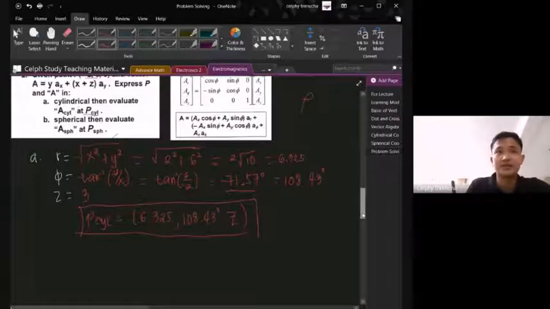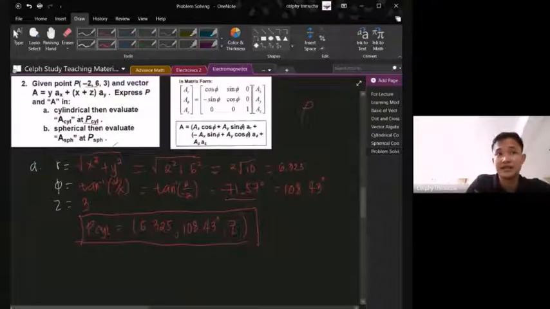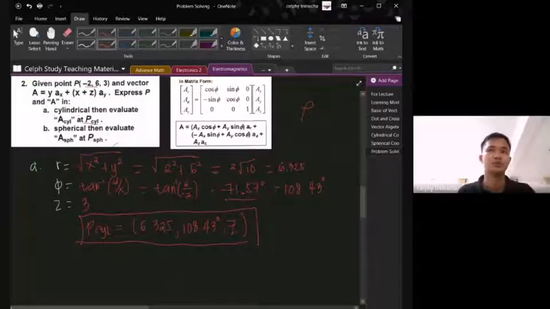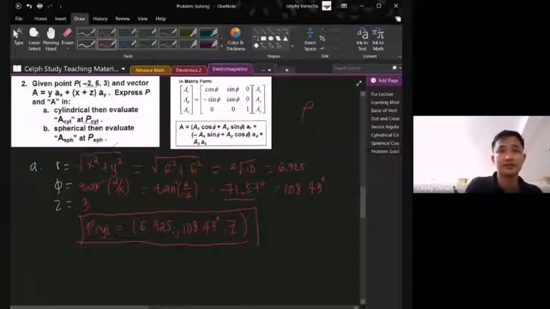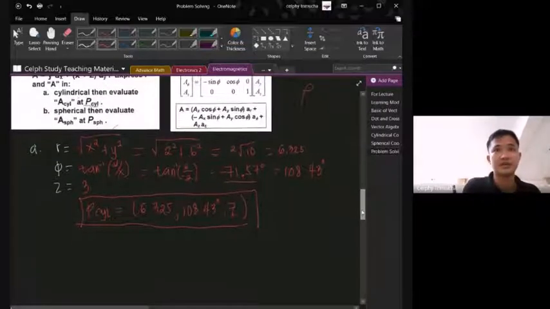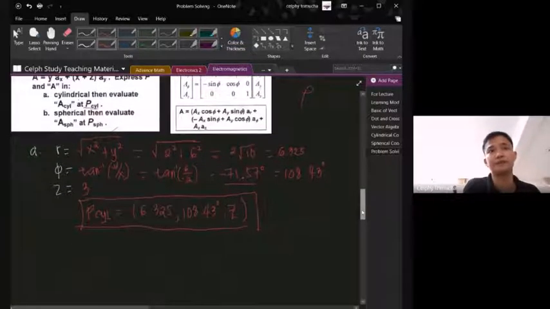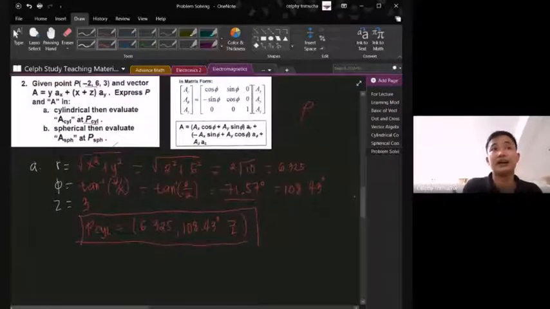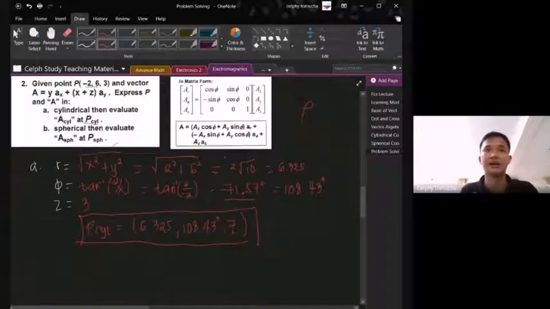Okay, so ang aton na lang subong kinahanglan kwaon is ang A cylindrical. So kinahanglan ta siya mag-perform sang vector calculations for cylindrical. Mas okay na lang if ang gamiton naton is ang aton na lang formula, para mas maanad kita sa paggamit sang formula.